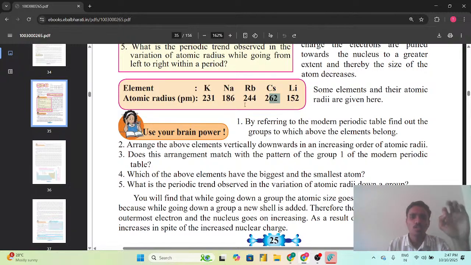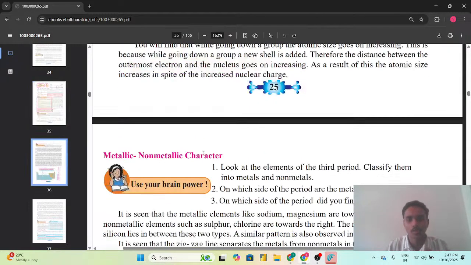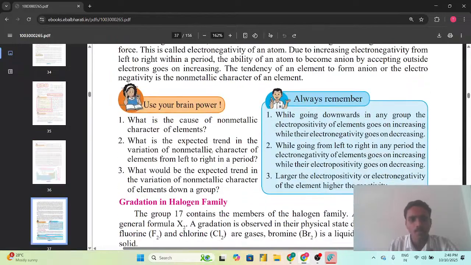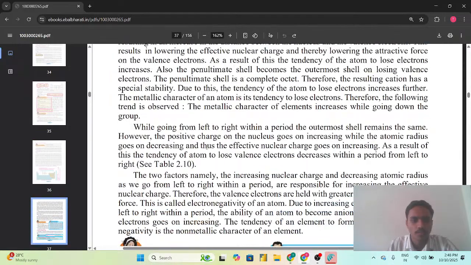Due to this, the distance between the nucleus and the outermost shell will go on increasing, so the force of the nucleus acting on the valence electron will also be less, and so it is easy. It is the tendency of the metals to lose the valence electrons, and it is the tendency of the non-metals to accept that electron and form the stable compound. So that is what we are seeing.